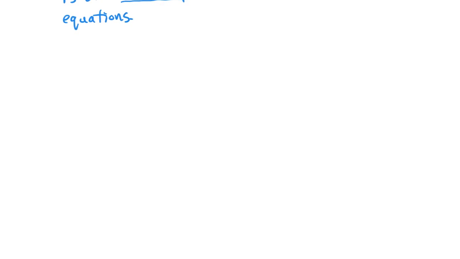I'm going to draw these three situations, and for the rest of chapter 4, if you understand these three situations we're going to talk about, the rest of chapter 4 will make a lot more sense. So I'll say there are solutions to a system of linear equations in two variables.